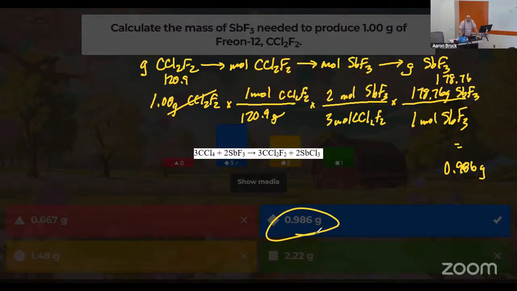Yeah, if it's 1-to-1, it's a lot easier to make those logical leaps. You can compare the molar masses and say, okay, well, this molar mass is about 1.5 times bigger, so my answer should be about the same. But if that mole ratio is anything other than 1-to-1, you've got to go through the calculation.